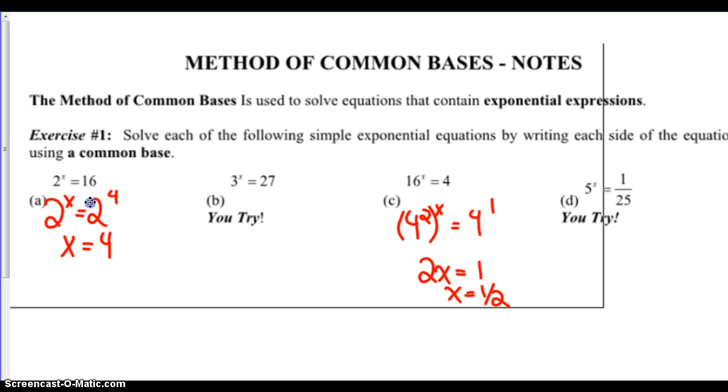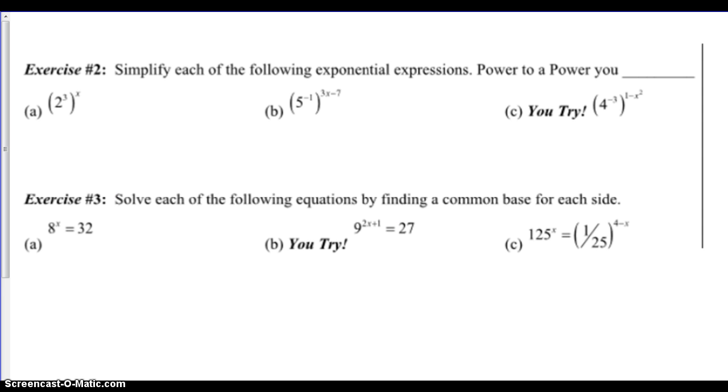Now, in D, you are definitely going to have a negative, so be prepared for that. And we're going to use this to help us a bunch. First, we want to think about these exponents, and remember that power to a power, you multiply. Remember that.